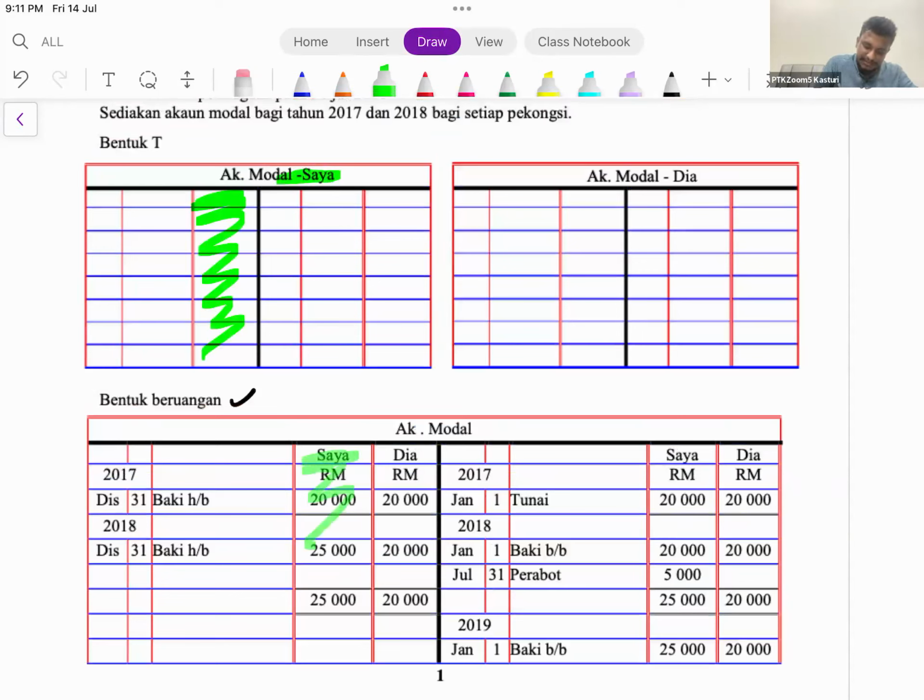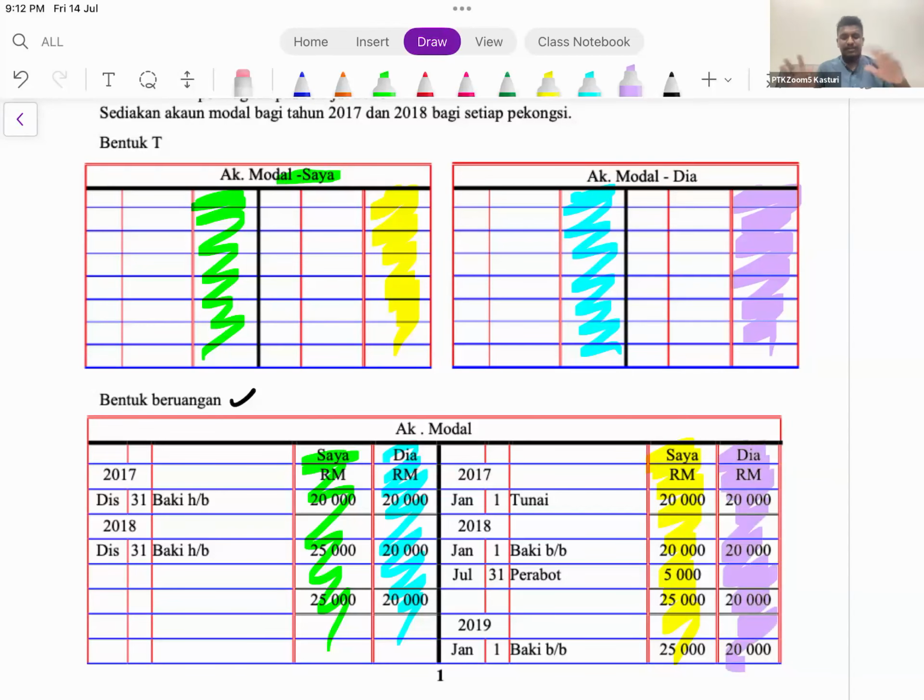Ini adalah modal saya, kredit. Ini adalah modal dia, debit. Modal dia, kredit. Can you see or not?